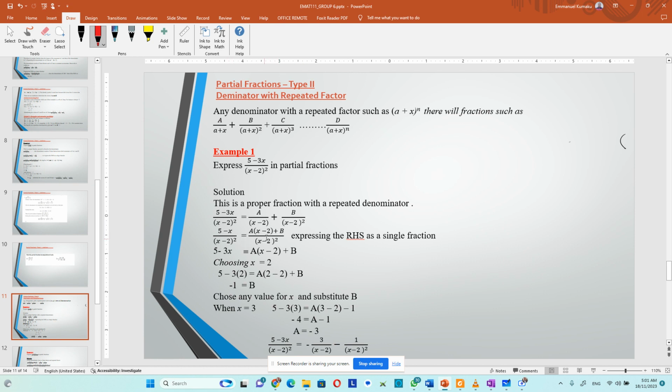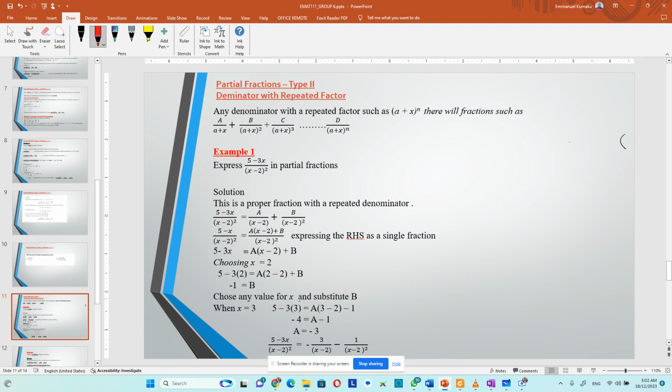We combine the right hand side, the LCM is (x - 2) all squared, then we equate the numerators: 5 - 3x is equal to this. Choosing x equal to 2, the A will drop, and we have negative 1 equal to B, so B is equal to negative 1.